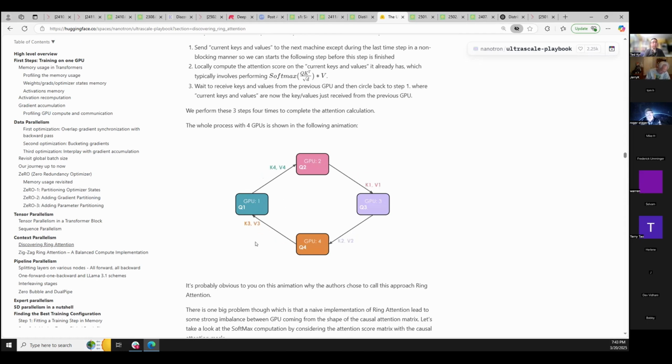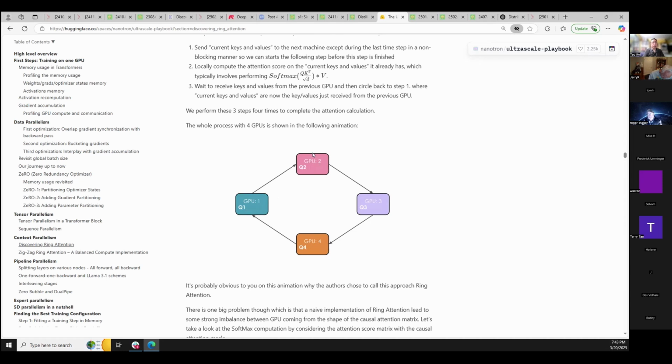You don't need n. And then whatever started on GPU four, let's say key and value four, it's going to get passed one hop, whatever. So rather than doing a whole bunch of communications all at once, to say, in this case, every GPU send your keys and values to three other GPUs, they do it serially, where they only do one at a time.